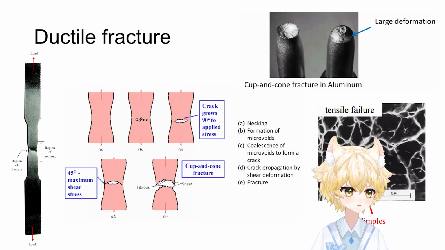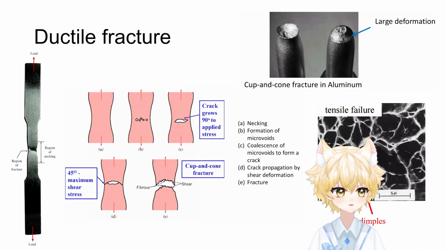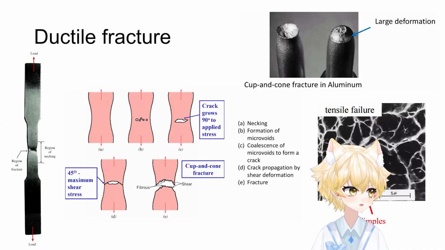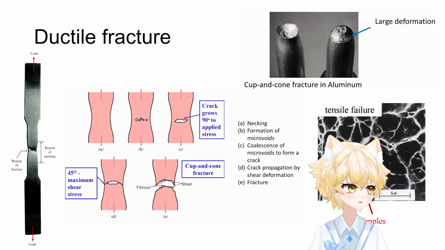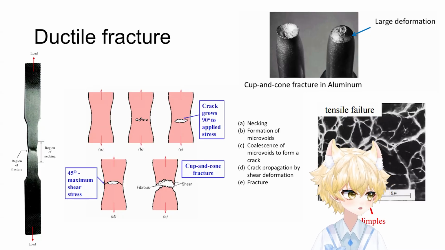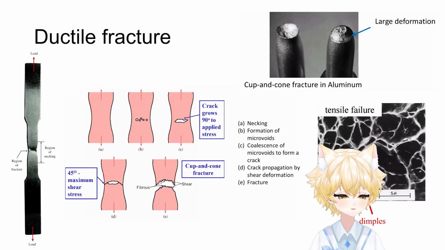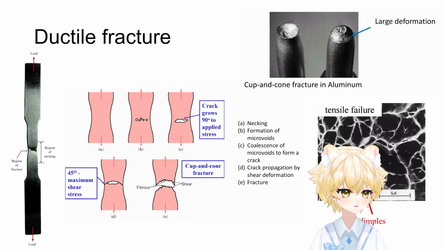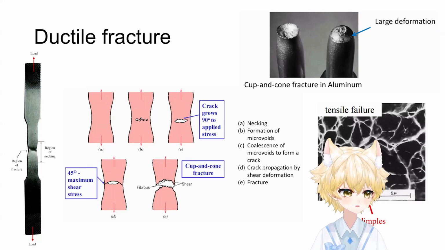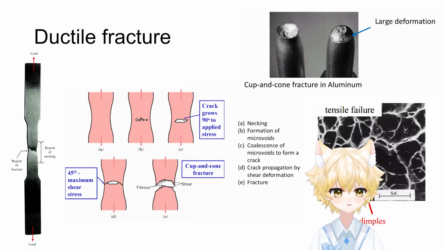At the end of this lecture, I will go through a quick example, so you will understand why 45 degrees is dangerous. Then the crack propagates and elongates along the 45-degree direction, and eventually the material fractures. If you look at the fracture surface at that time, the dimples are just the microvoids generated at the very beginning.